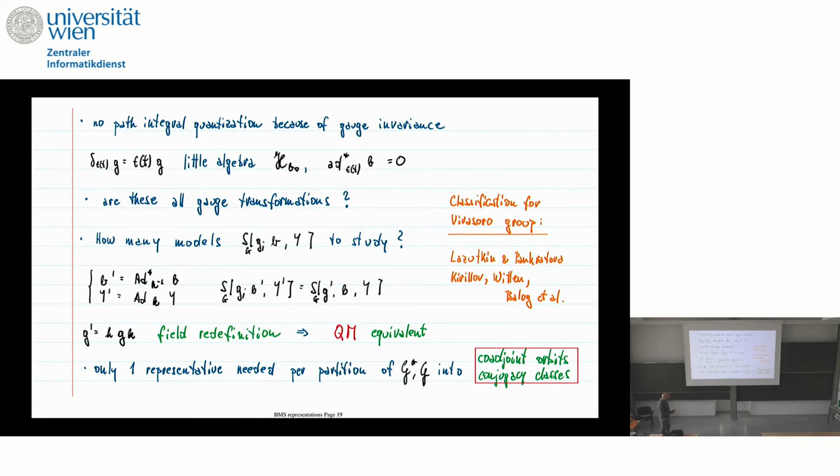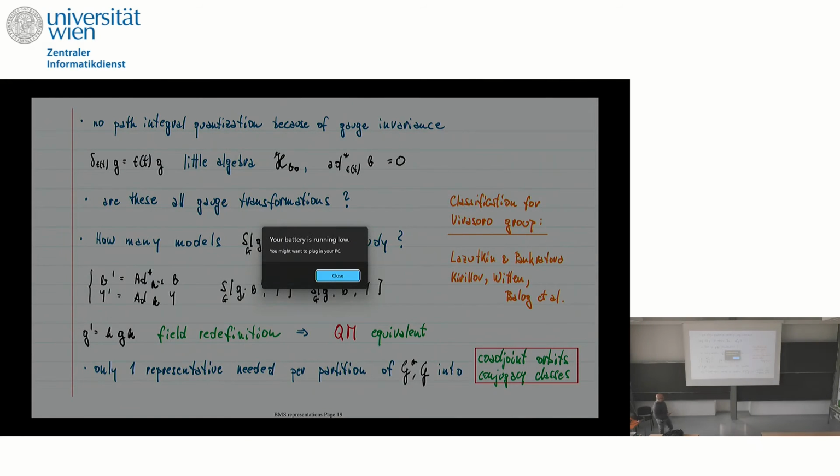You use this freedom to do field redefinitions, and in this case, the field redefinitions are very easy and just determined by the group. So you see that you only need to study one B per coadjoint orbit and one Y per adjoint orbit. So these actions, taking that into account, have exactly the property that you want in group theory.